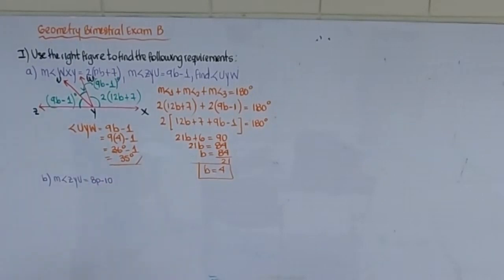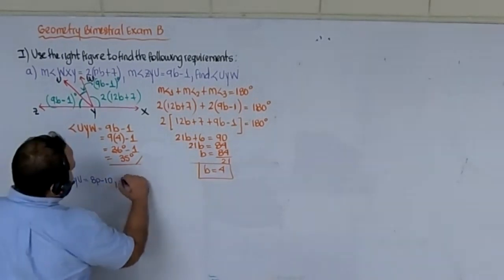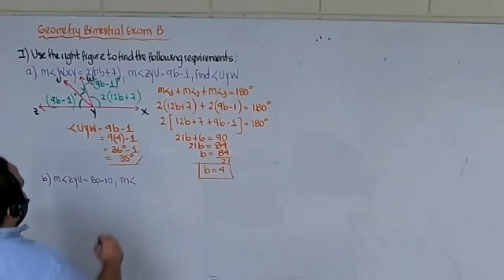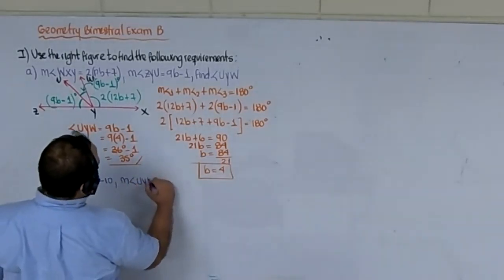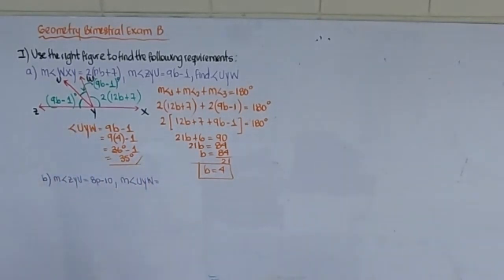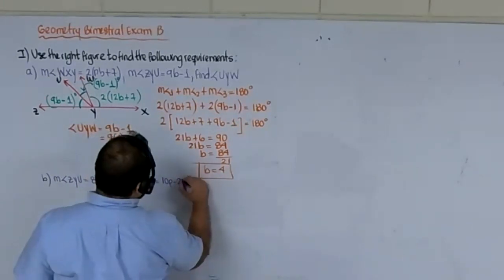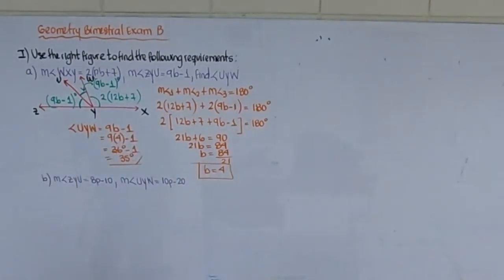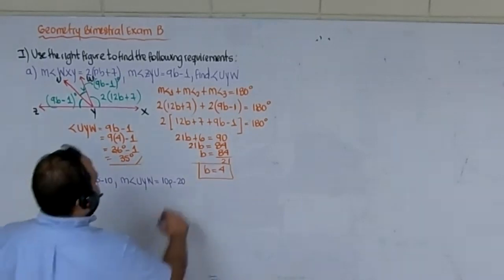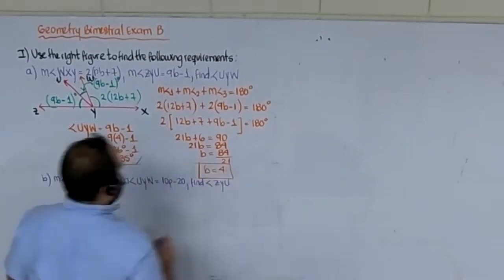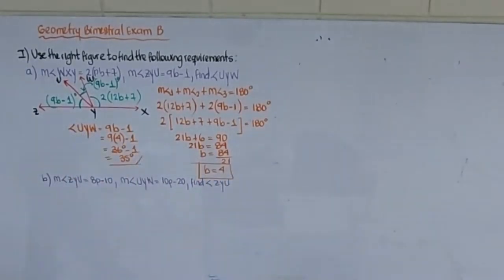And at the same time, the measure of the angle UYW will be equal to 10p minus 20. So the question is, we have to find angle CYU. This is the requirement.